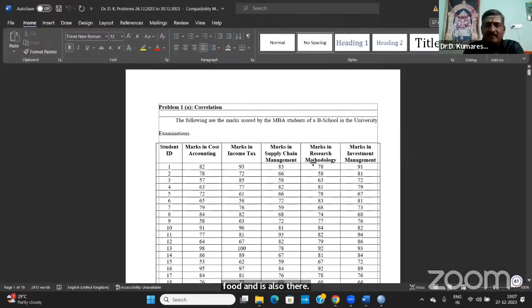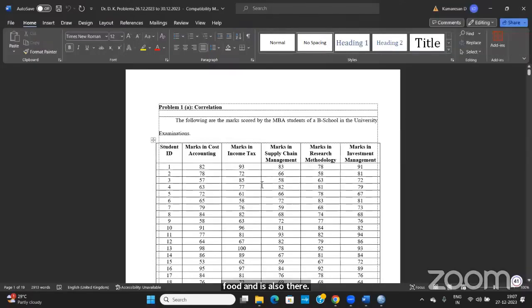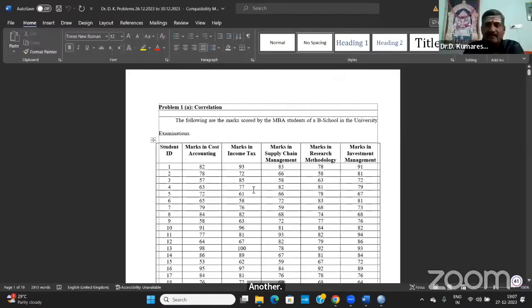Then you evaluated the paper and calculated the marks in cost accounting.